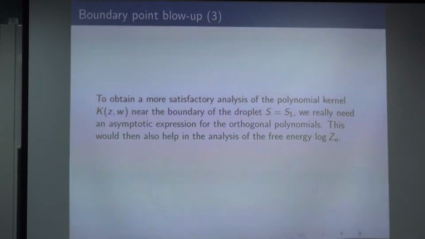There's some kind of thing that is stopping us from really analyzing the behavior. And then if you know that, you should also be able to analyze the so-called free energy and obtain a rather complete expansion of the free energy for inverse temperature beta equals 2.